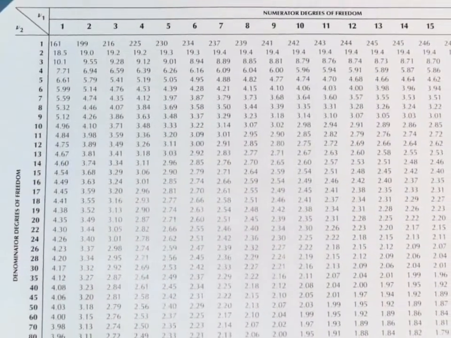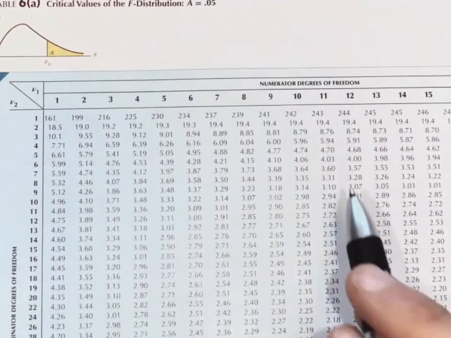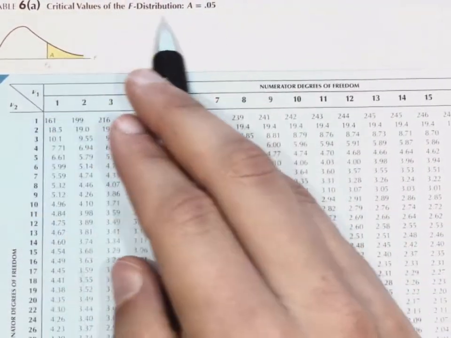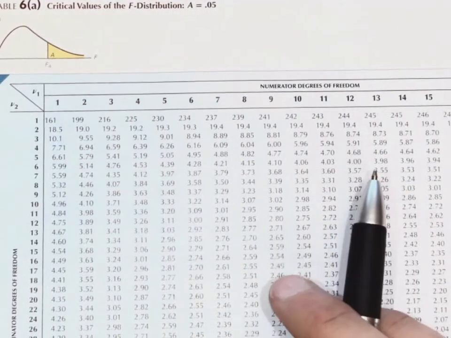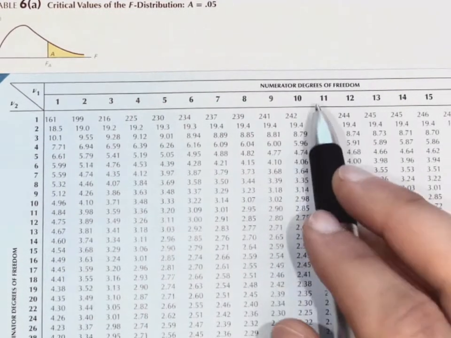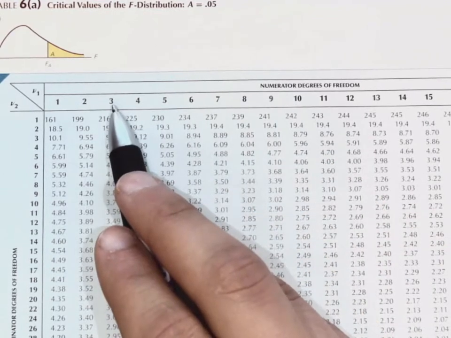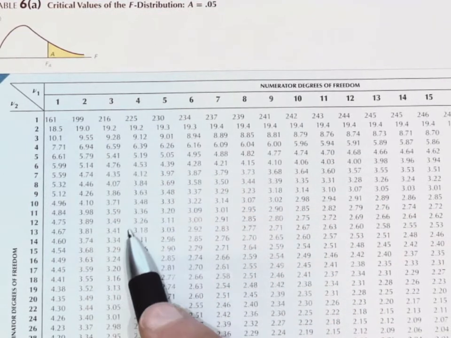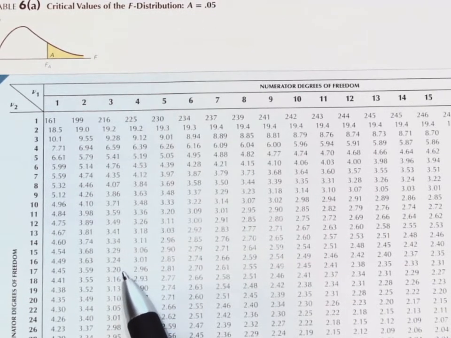It's very important that you find our F distribution at 0.05. Right here we can see our numerator degree of freedom is 3, so we'll move here. Our denominator is at 17, and we get a 3.2 F value.